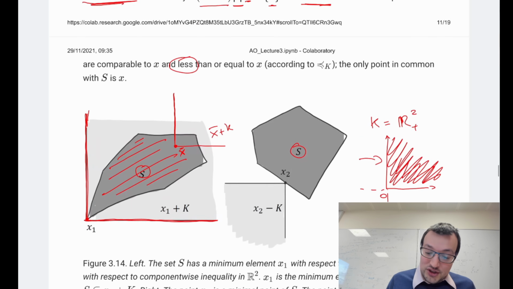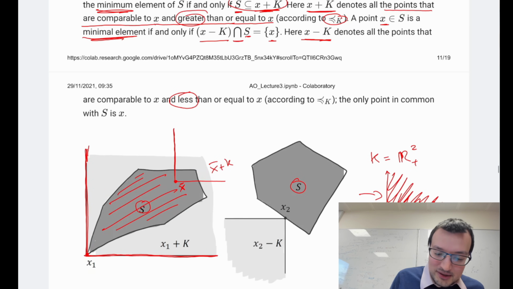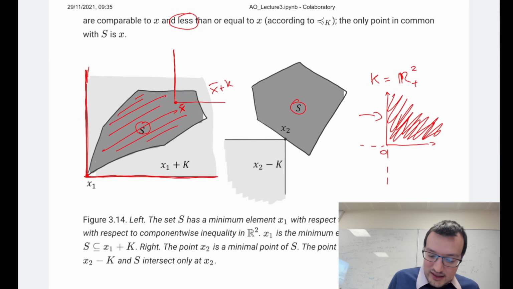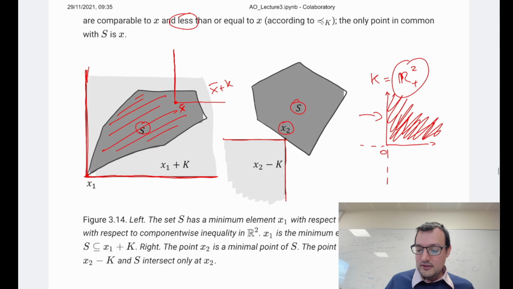Now let's look at the definition of minimal element. So we need to take x minus K, and in this case x minus K, with respect to x2, is going to be this set over here. Of course, because minus K in the case of the non-negative orthant is going to be the non-positive orthant, so it's essentially this guy over here.